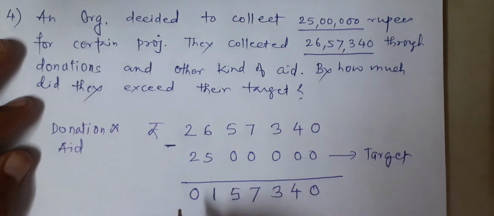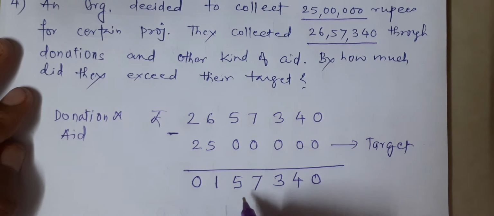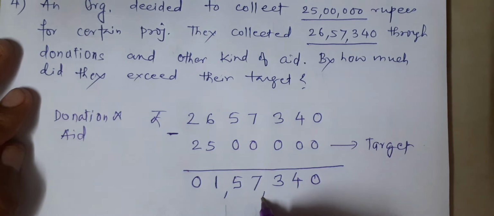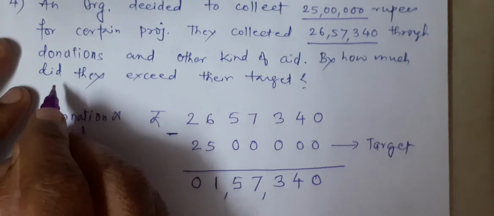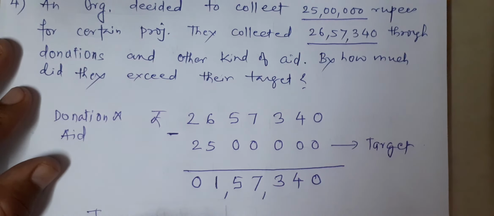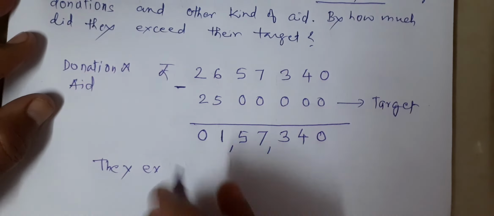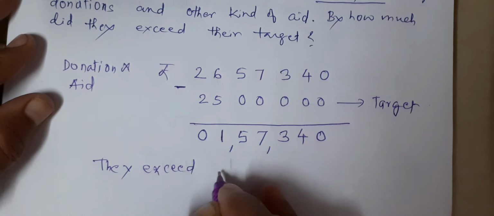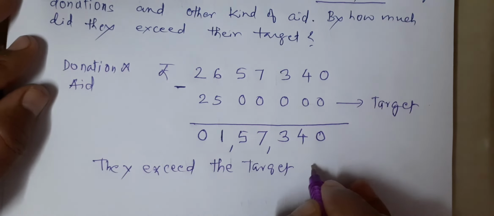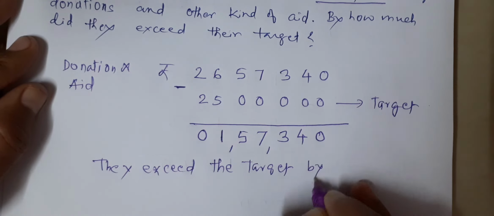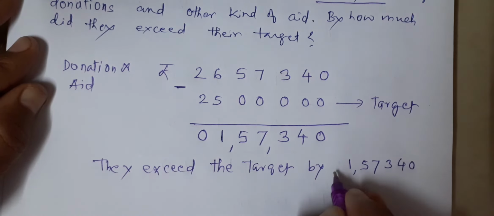So that is 1,57,340. They exceeded their target by 1,57,340 rupees; they collected that much more.